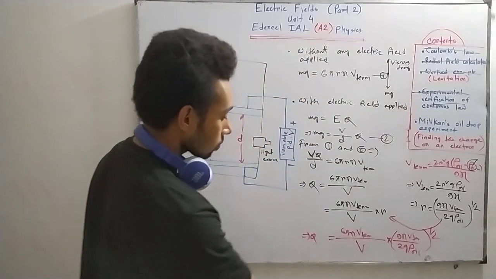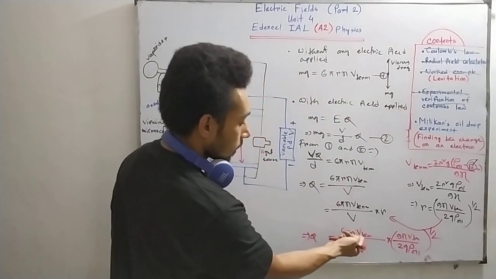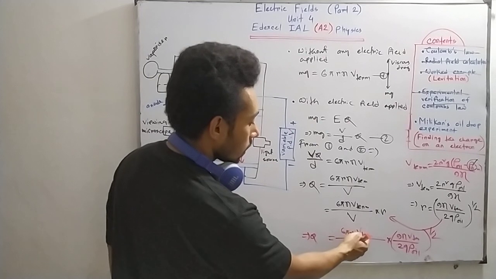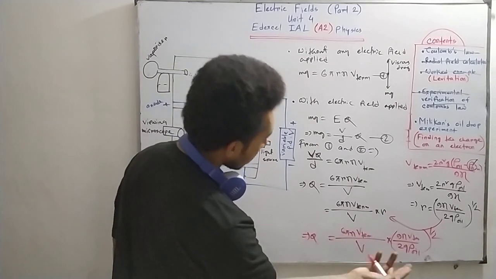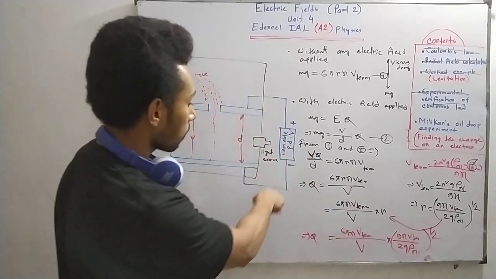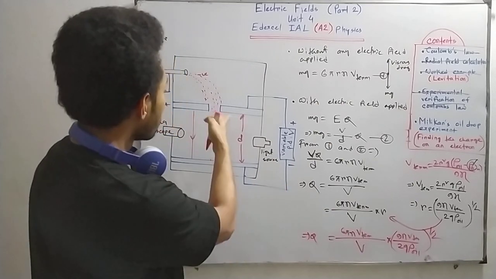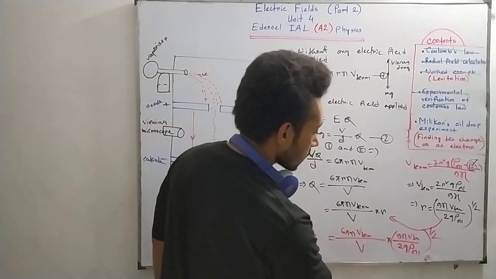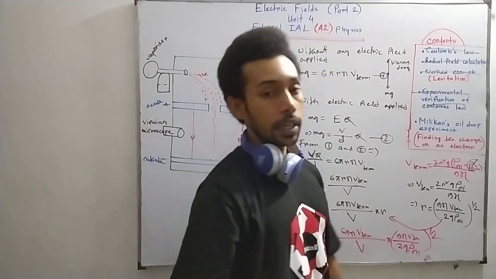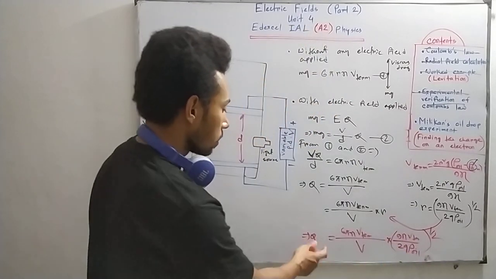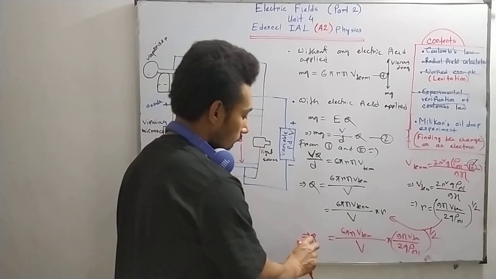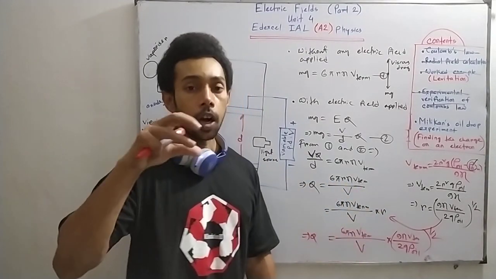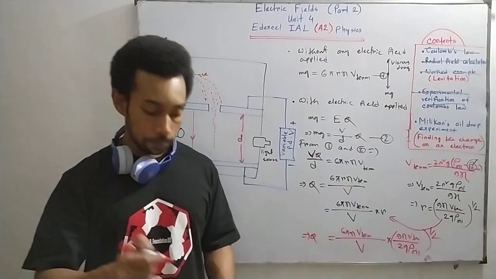Look at the equation. 6 pi eta, the viscosity of the air, 6 pi constant, V term terminal velocity can be measured, V potential difference you have applied when you held the oil drop stationary, 9 again constant, V term measured, twice g constant, rho oil, density of the oil known. And using this equation you can find out the charge on an oil drop.